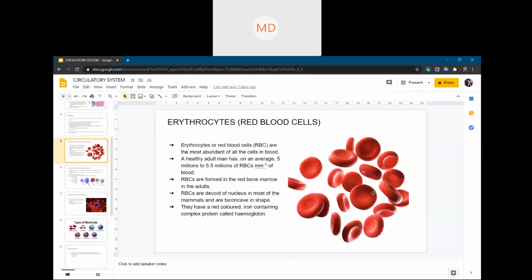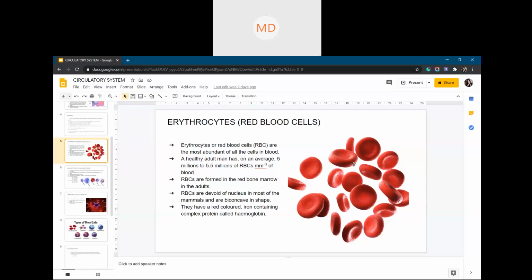That is known as bone marrow, and these red blood cells are formed from that bone marrow. The point of origin of red blood cells is the bone marrow.